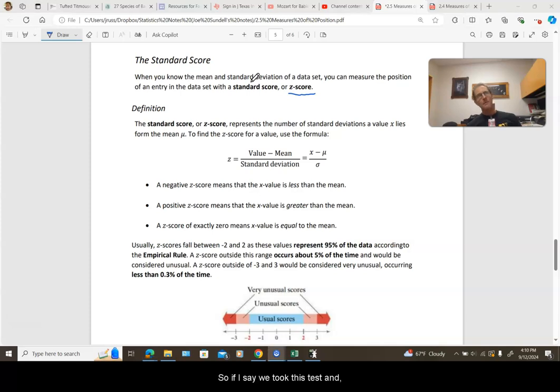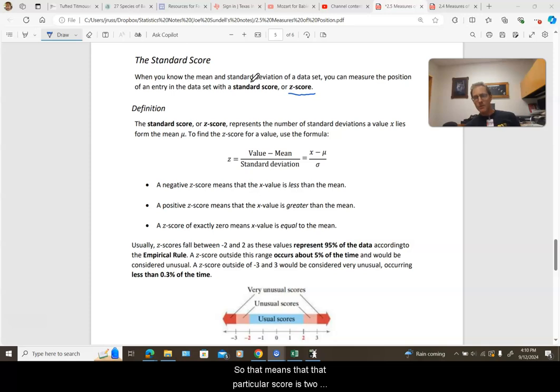Well, a Z-score is basically a value that's associated with a specific data value in terms of standard deviations. So it essentially tells you how far away from the mean this particular data value is in numbers of standard deviations. So if I say we took this test, and we don't care how many points there were, but the person that obtained 60 points, the z-score associated with that is 2.